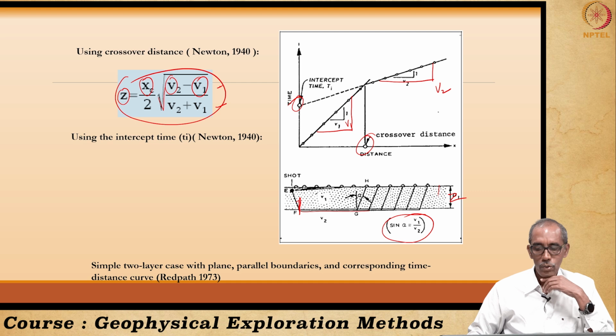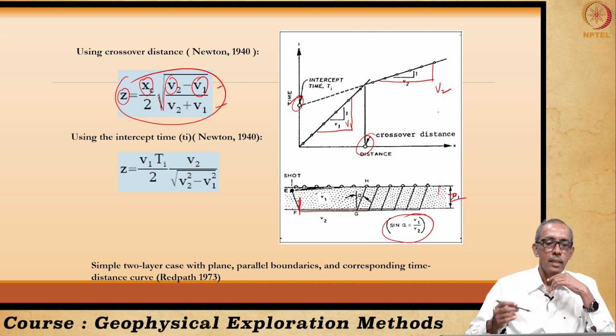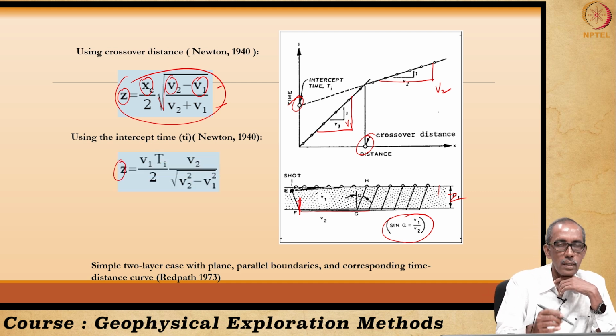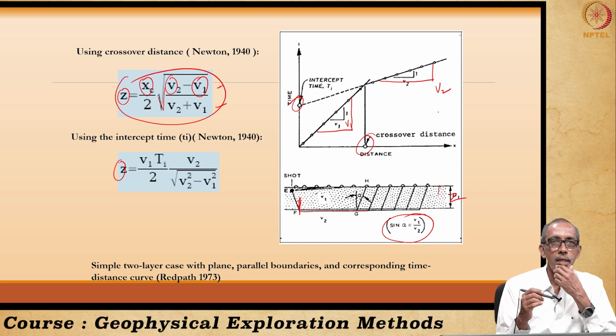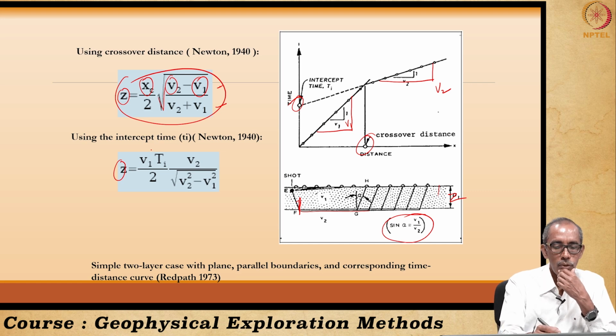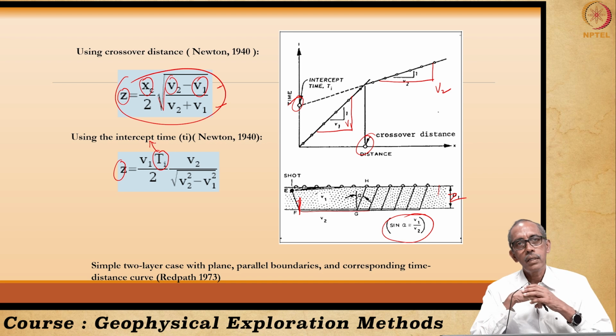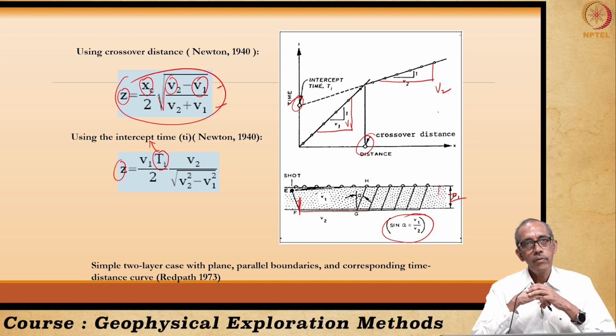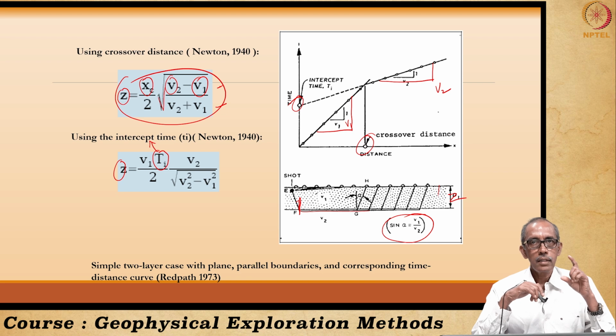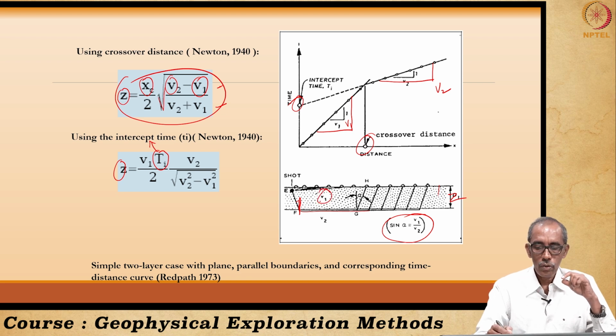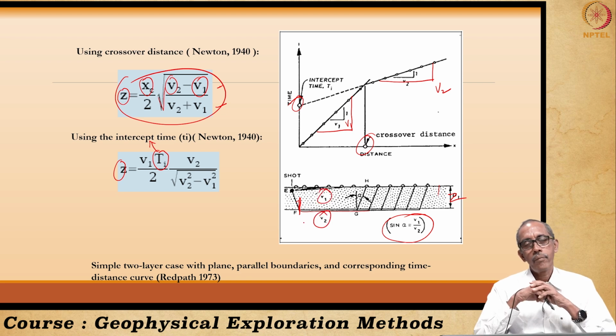Using the intercept time, the thickness of the first layer can be estimated using this relationship: V1 multiplied by Ti, where Ti is the intercept time. V1 is the velocity of the first layer, the top layer, and V2 is the velocity of the second layer.